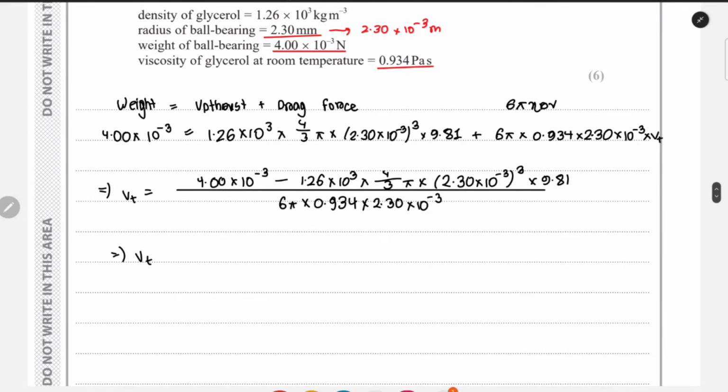We'll get the terminal velocity to be 0.0832 meter per second.